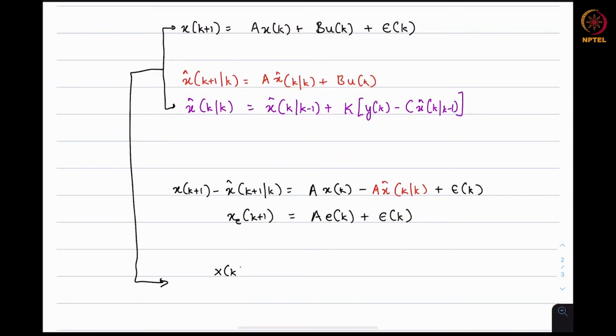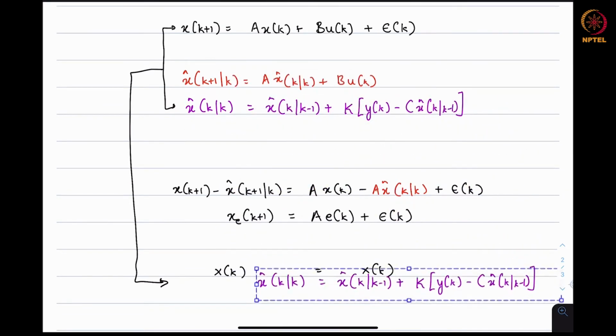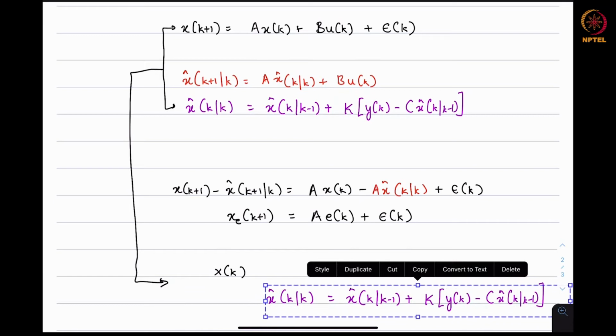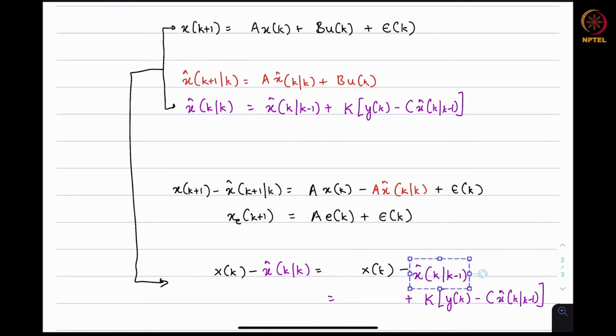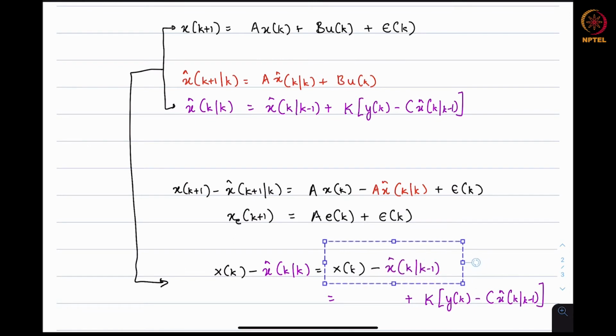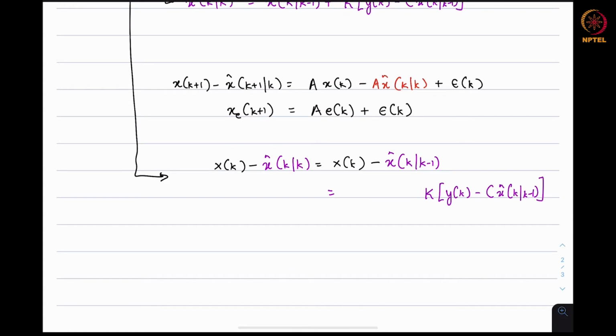So x k equal to x k. I will just copy this. Okay, so minus this guy equal to minus this, move this over here, and minus this.